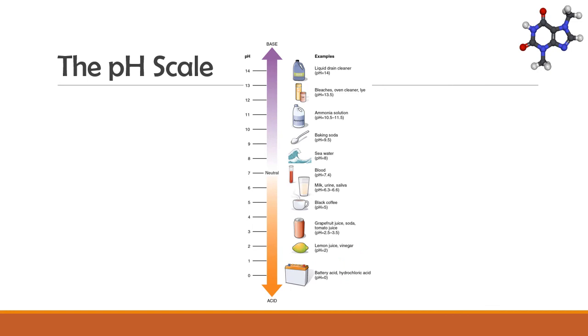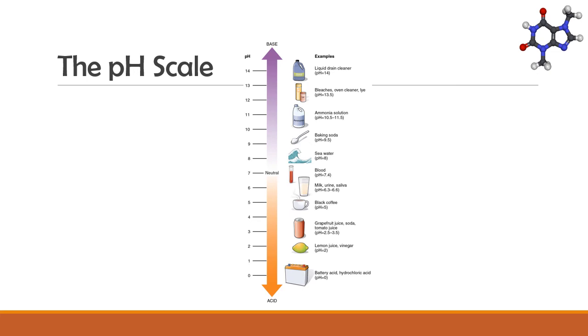The pH scale can be used to arrange the pH of common household solutions. For instance, the liquid drain cleaner or liquid sosa that we use to declog drains has a pH of about 14, which makes it the strongest base in the pH scale. Bleach has a pH of about 13.5.